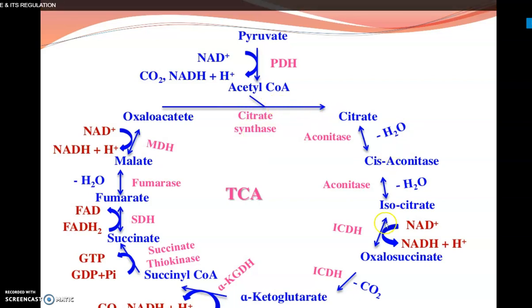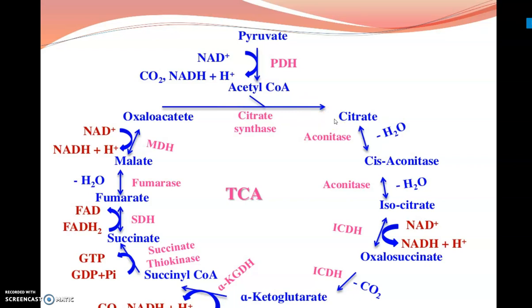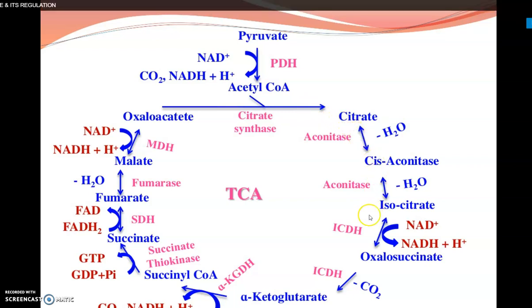Now here you see it's just like a crab, as you know that crabs have many claws and many legs, so you can see there are many steps involved in the Krebs cycle. So you can see this is a pictorial form of all the 10 steps which we just discussed.